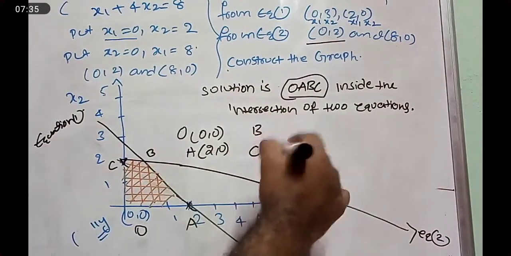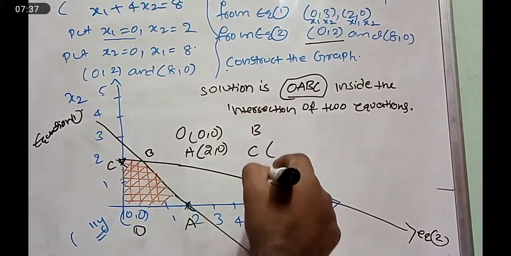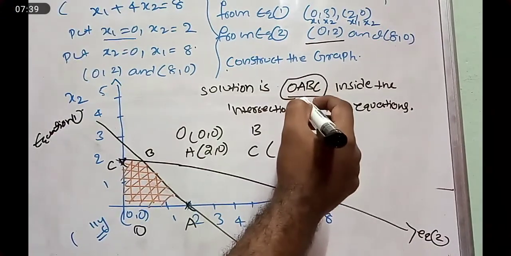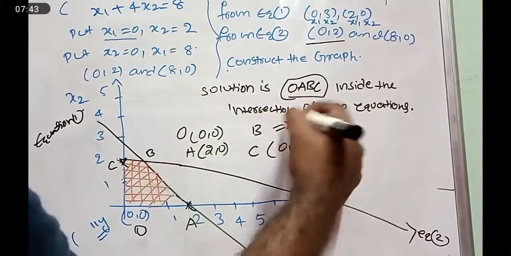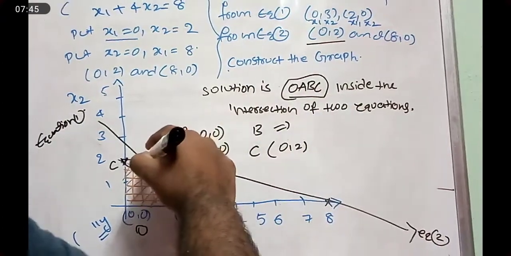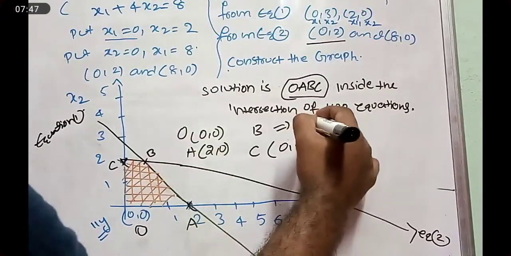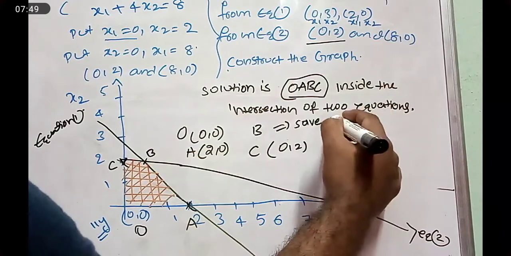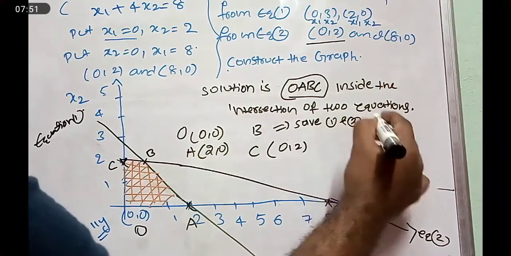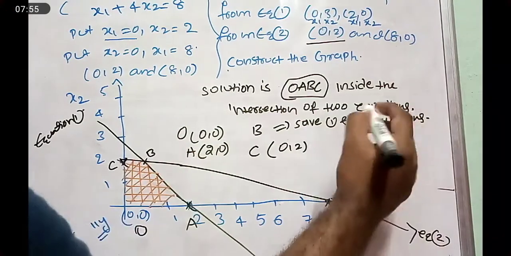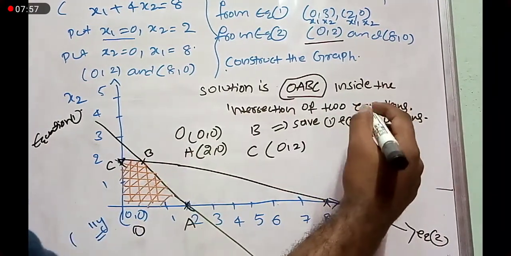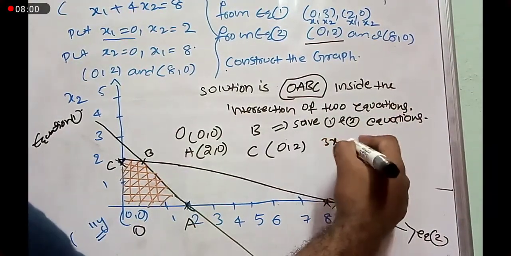So when we put these equations together, it is easy to solve equation 1 as well as equation 2 and get the values for x1 as well as x2.